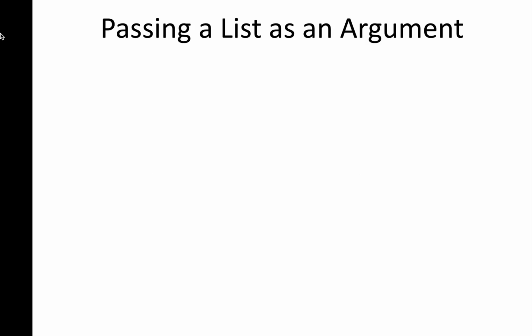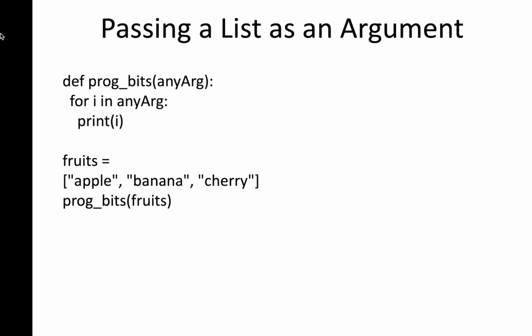Passing a list as argument. You can also pass a list as an argument in a function. So here is an example. Def prog_bits: we are defining a function named prog_bits, and we are passing a parameter named any arg. Inside the function I'm using a for loop to display the values inside any arg.